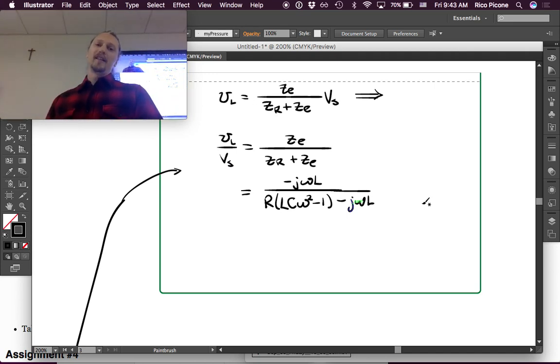Sorry, why would that cancel if it's an addition?